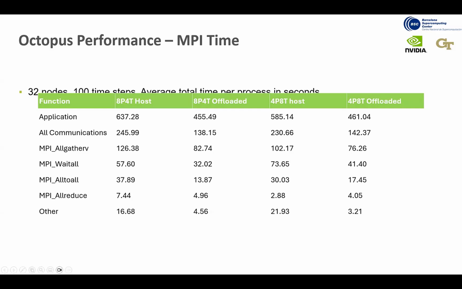And here you have some of the details about where that speedup is coming from. We had basically two different collectives that were offloaded, Alltoallv and Allgatherv. MPI_Wait all was not offloaded, and MPI_Allreduce was not offloaded either. And as you can see, the interesting part is that just by using collectives that are offloaded to the DPU, even if it's not all of them, you can actually change the way the application is running.